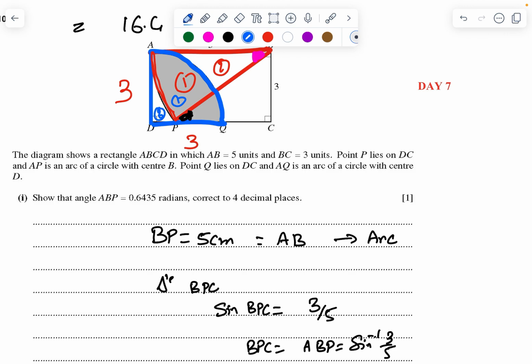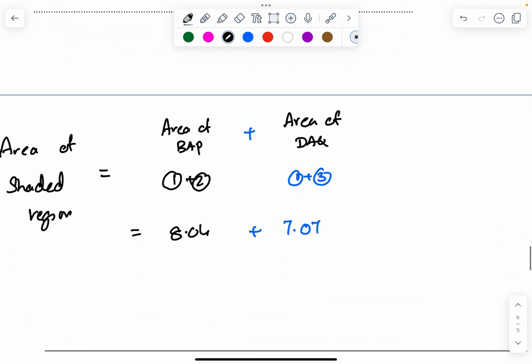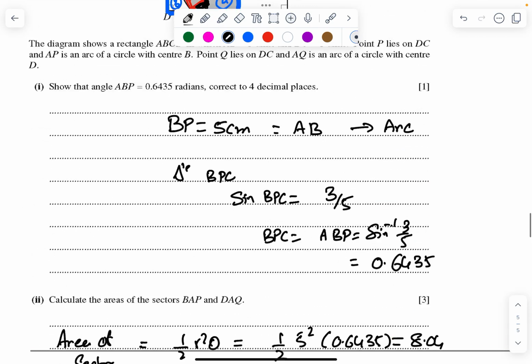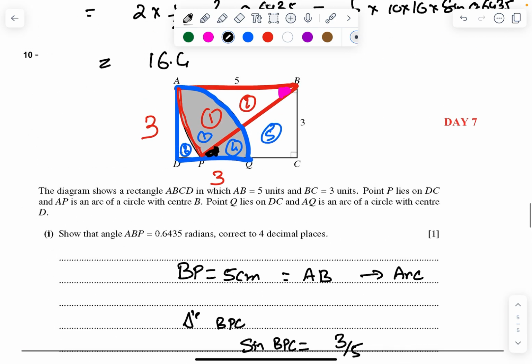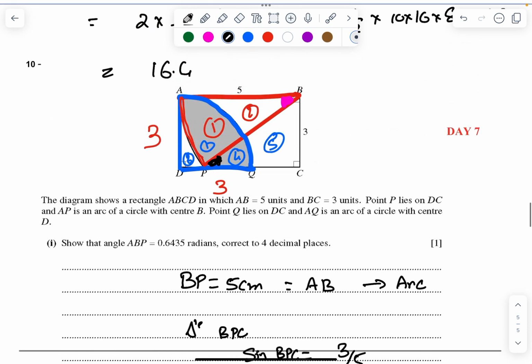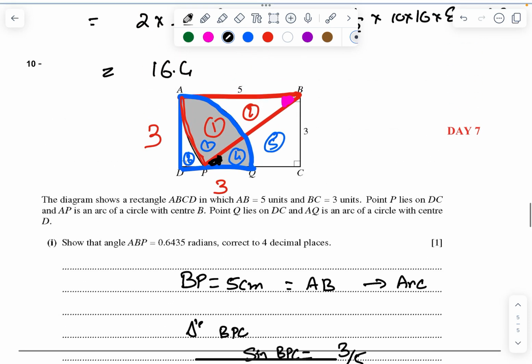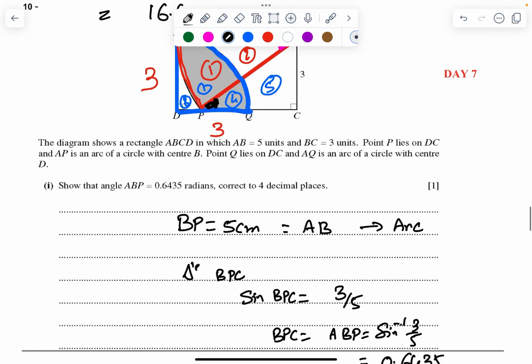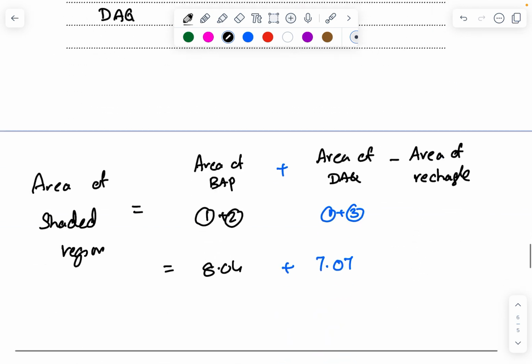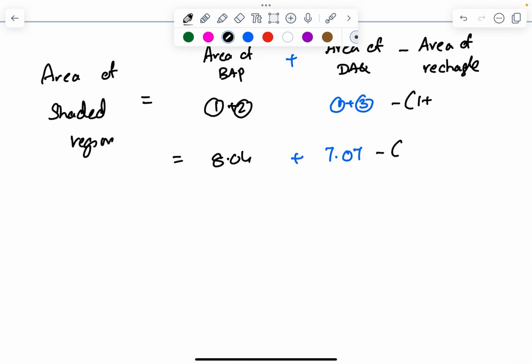I take the area of the rectangle and subtract it. The area of the rectangle is 1 plus 2 plus 3 plus 4 plus 5.